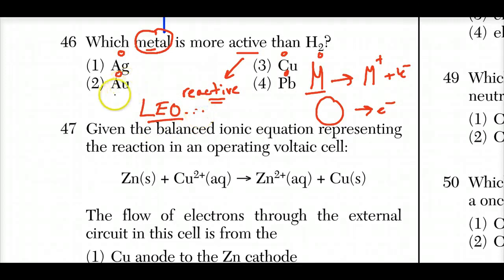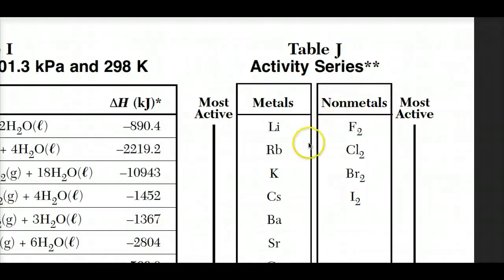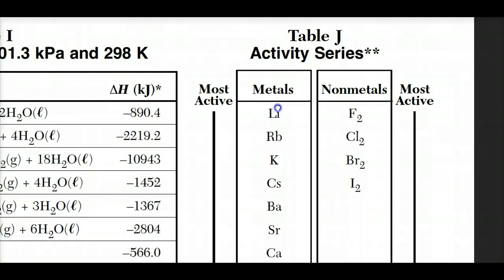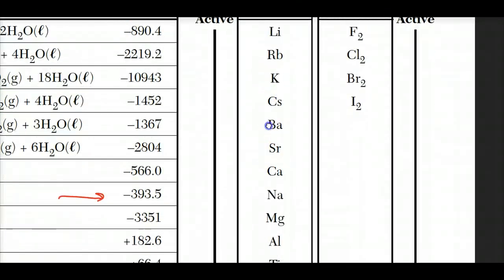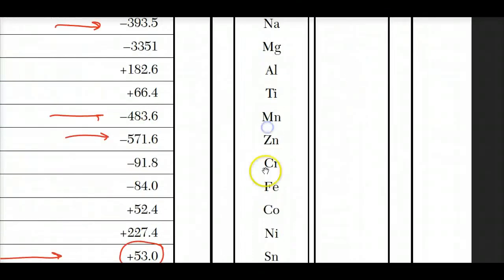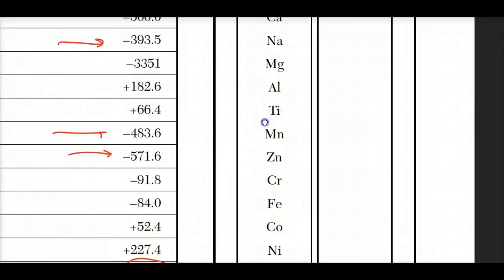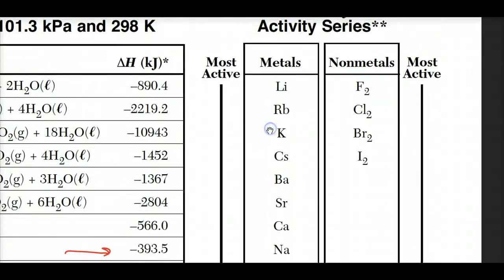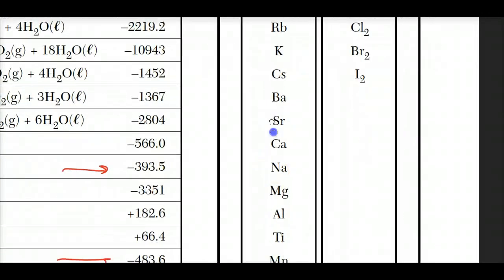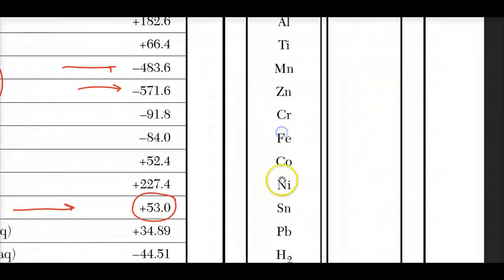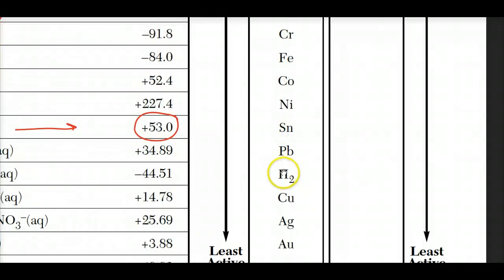So let's go to Table J, it will help us. Okay, here's a list of our most active or reactive metals, and as you go down, their activity decreases. So least reactive, and of course the most reactive. So we want to see which one's more reactive than H2. So I look at my H2, okay, and I'm looking for an element above.